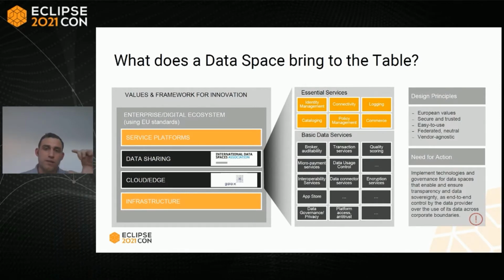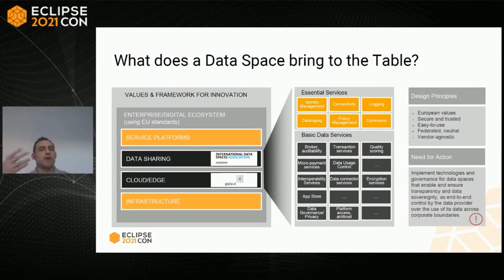What we need in the middle is exactly two points. There are services that manage the cloud and edge layer, for example, providing virtual machines, compute and other services on the infrastructure layer, and also services for data sharing. The combination forms the data space and forms the services that you can see here in the middle.